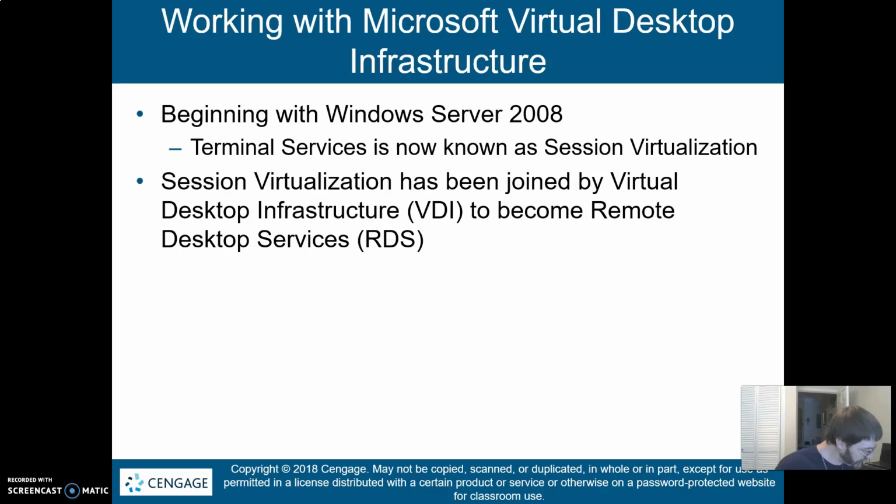That's actually one of the available role services in remote desktop services. So you turn on RDS, and one of the things you can do is a remote desktop virtualization host, essentially a Hyper-V platform for a virtualized remote desktop.